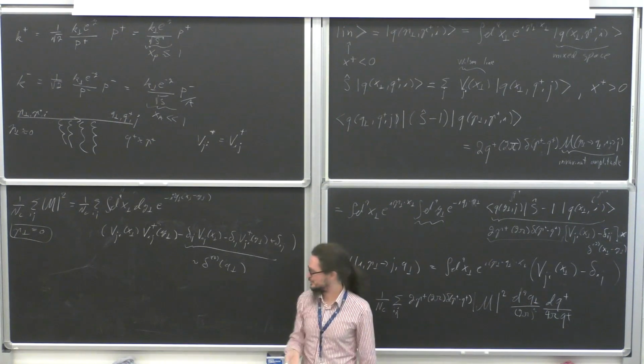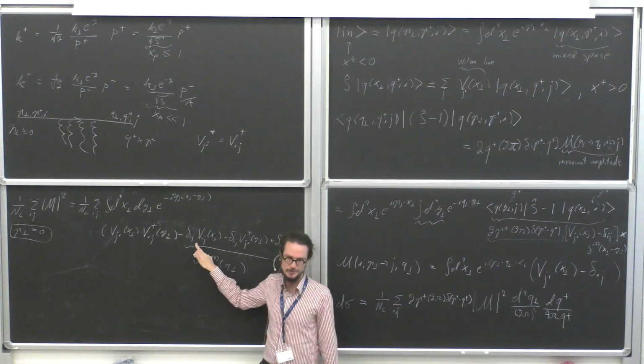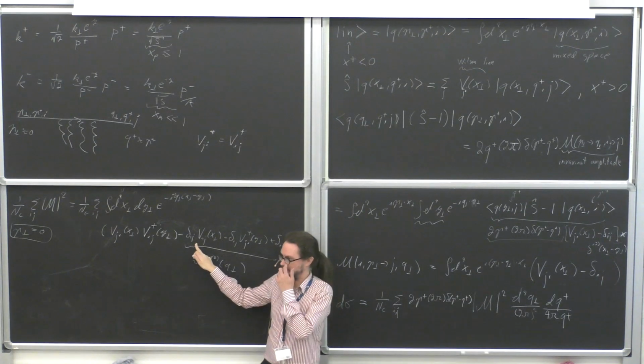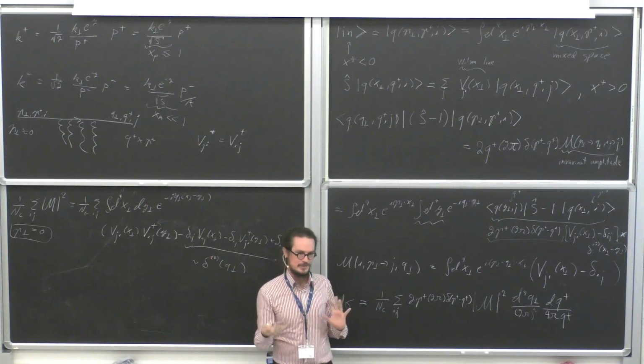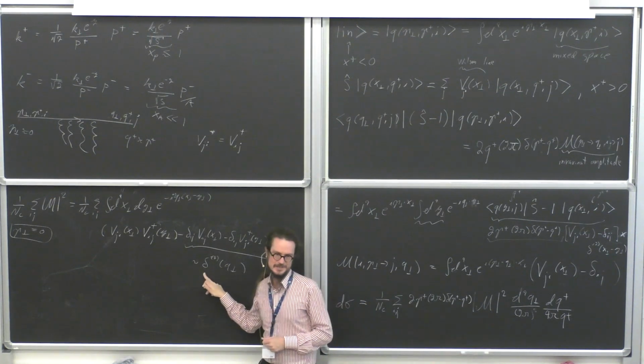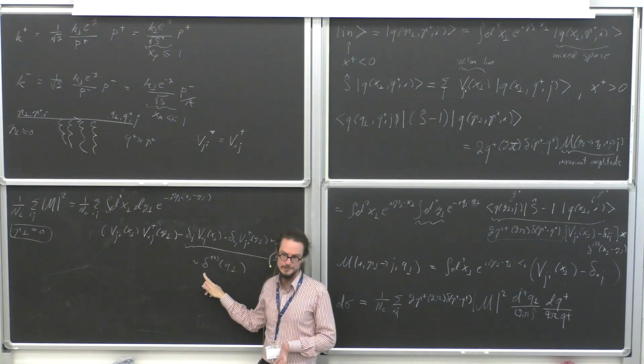So the total cross-section somehow has to be related to the trace of this Wilson line, right? And therefore, in order for the total cross-section to have the correct value, the cross-section has to have this kind of a delta function part in q perp.